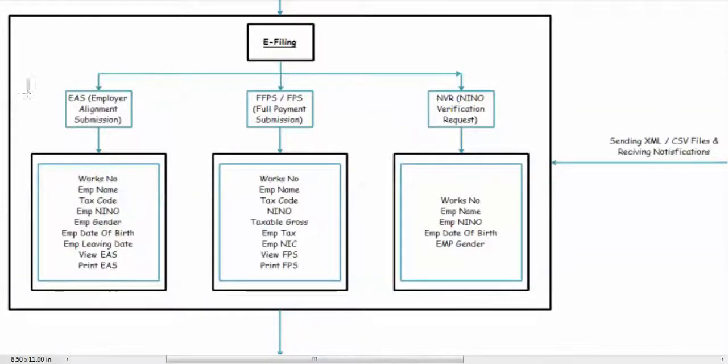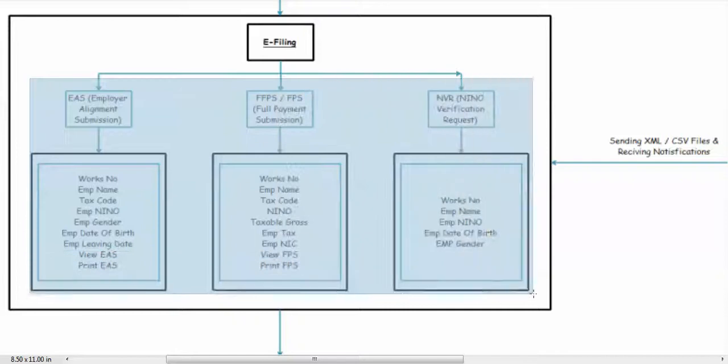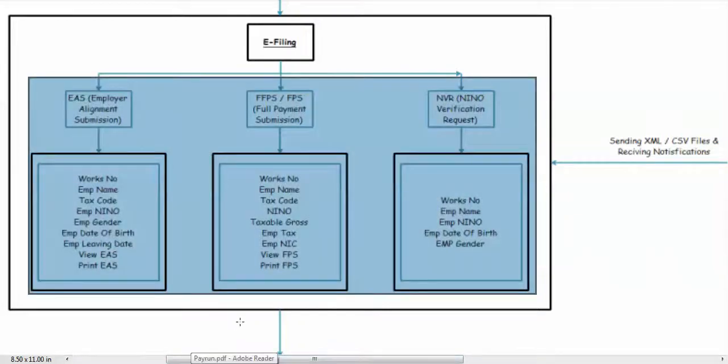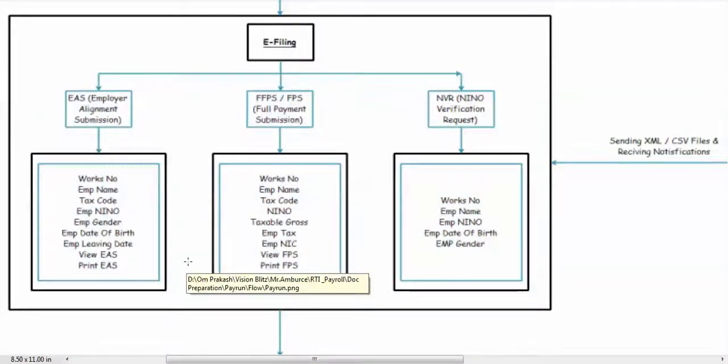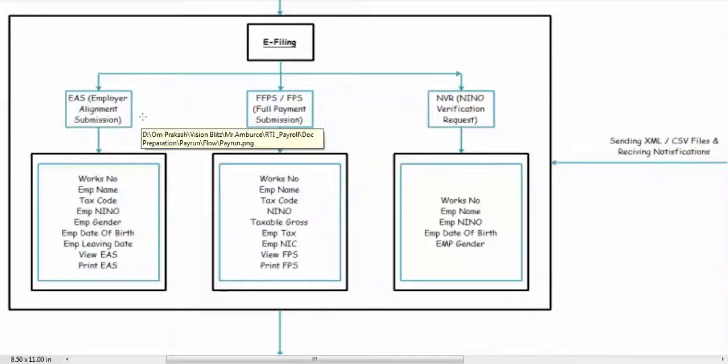Here I have mentioned 3 modules which are going to play a vital role for the parent process. Before we process the parent process, we need to share EAS documents, that is employer alignment submission details, to the HMRC.